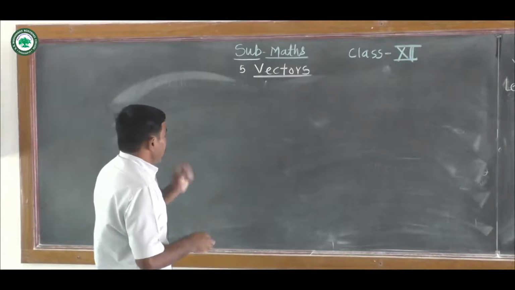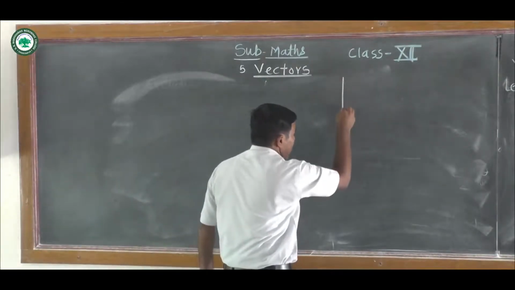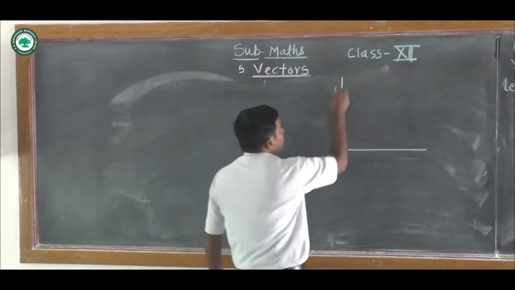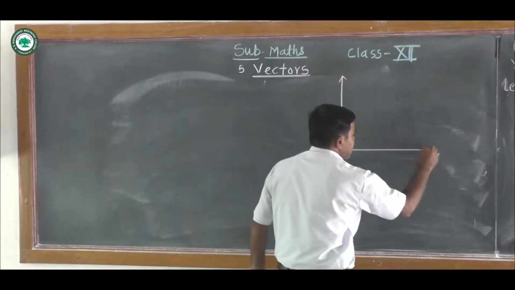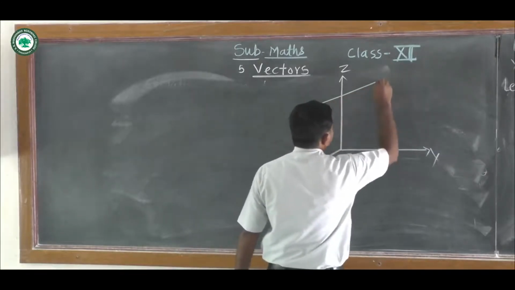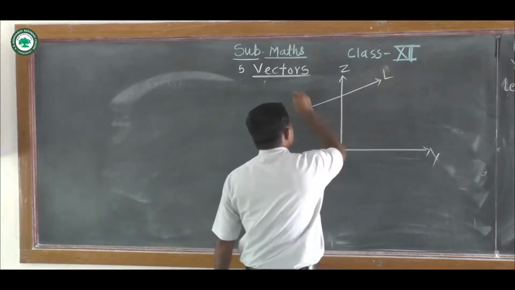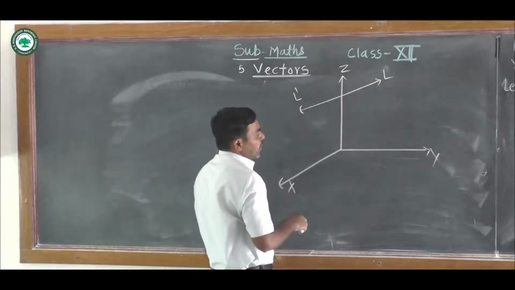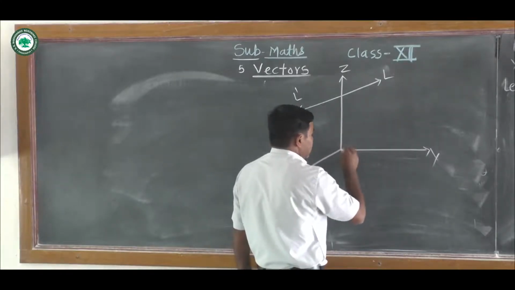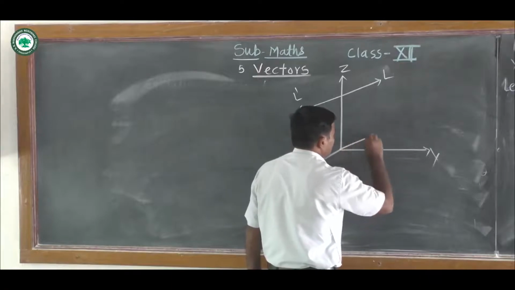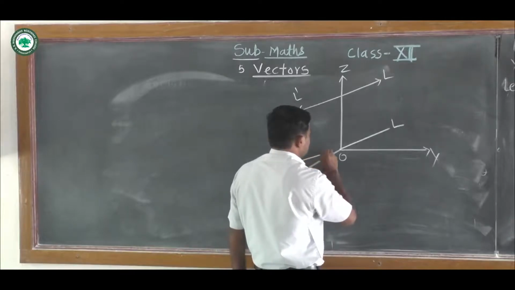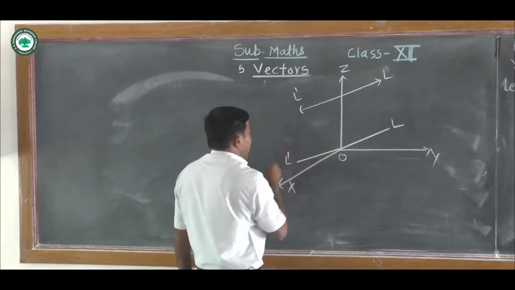See, we have a Cartesian coordinate system: x-axis, y-axis and z-axis. We have a line L dash. This is one line in the space. And we have two vectors along the direction of this line. This is OL and this is another vector OL dash.